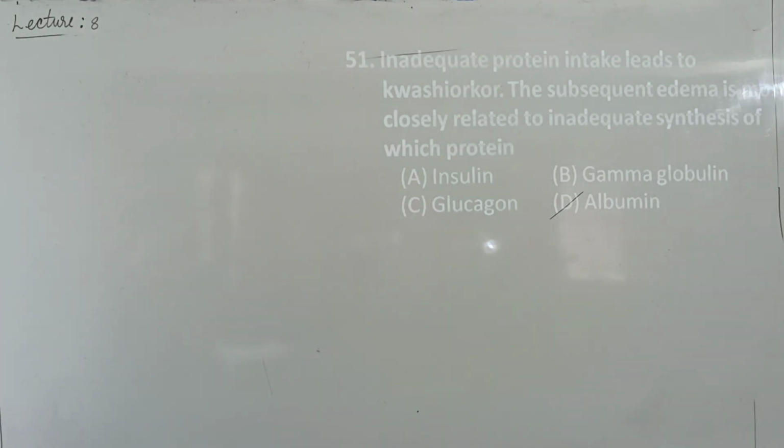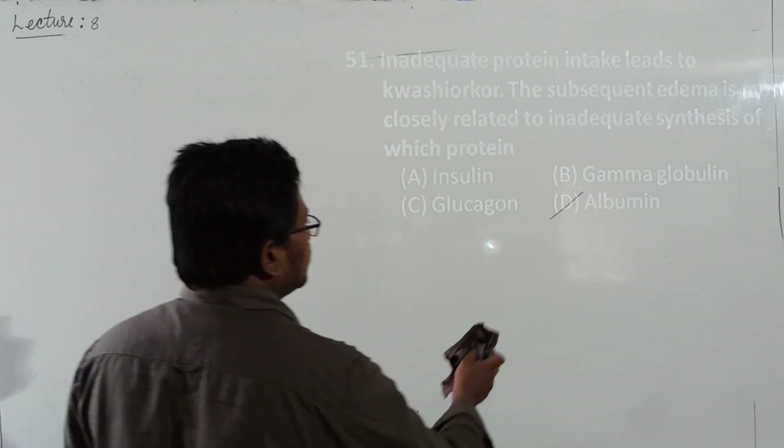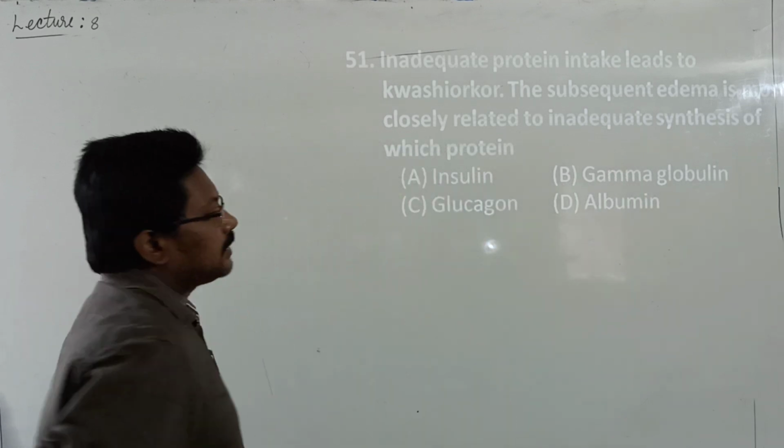Albumins are proteins, and kwashiorkor is caused due to deficiency of those proteins. Edema is a condition where there will be swelling due to accumulation of body fluids. So the subsequent edema is most closely related to inadequate synthesis of albumin. Here you need to take option D.